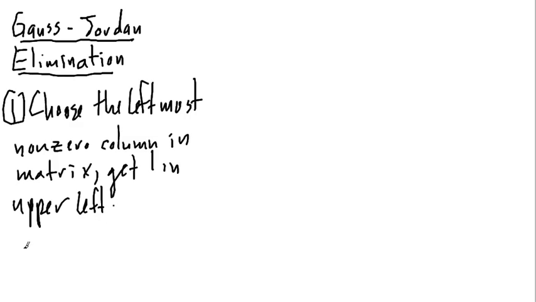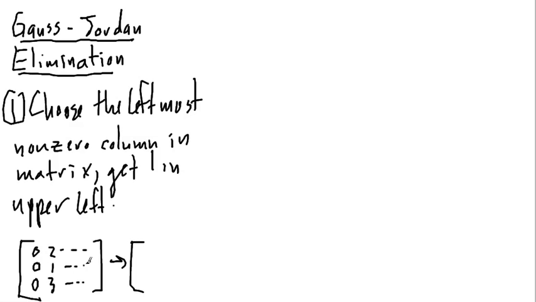So if I have a matrix that looks something like this, I look for the first non-zero column, which is this. This is all zeros, this is non-zero, and I want to get a 1 to the upper left.